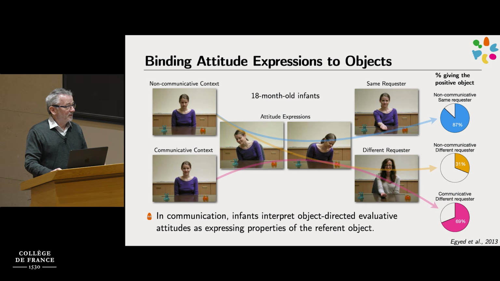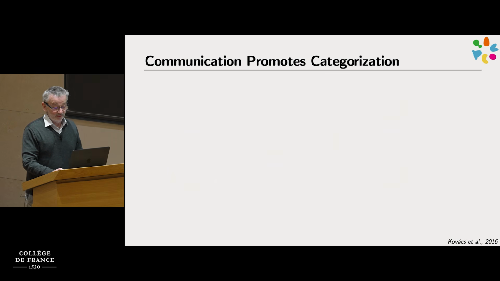Sandra Waxman has been working for 30 years or more to show that labeling, for example, promotes categorization even in very young infants. The question is whether it depends on labeling or not. So here's a study that would show that non-verbal communication could also promote categorization in infants.